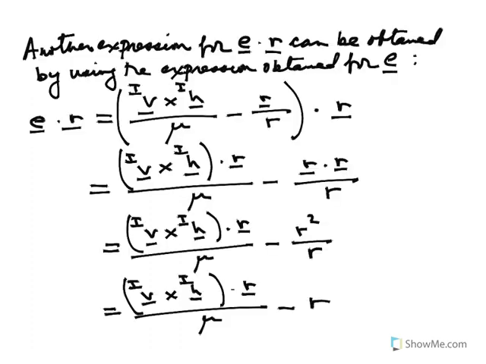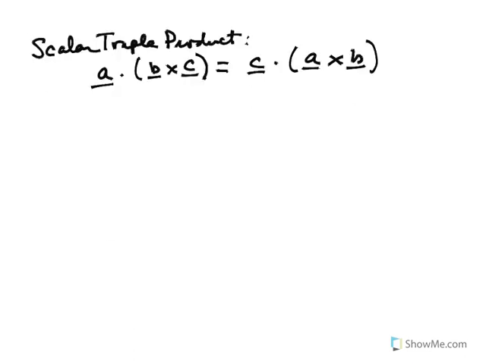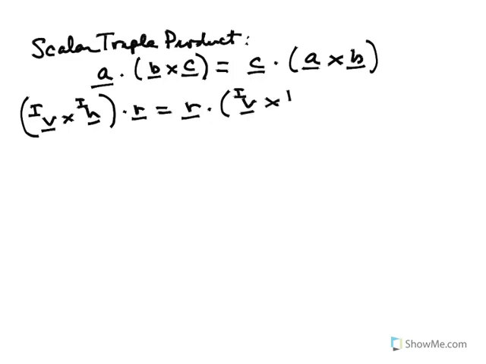So we can actually use that fact on that first term here, which is that VI crossed with HI dotted with R is equal to R dotted with VI crossed with HI, where all I've done is just reversed the two factors because I'm dealing with a dot product. But that is equal to HI dotted with R crossed with VI. Now, R crossed with VI is just HI.